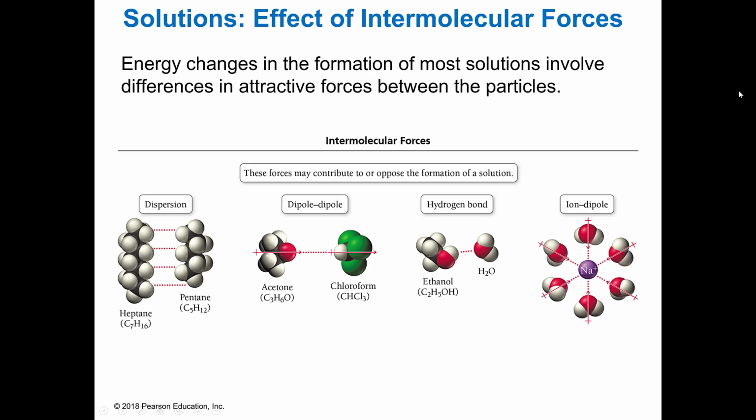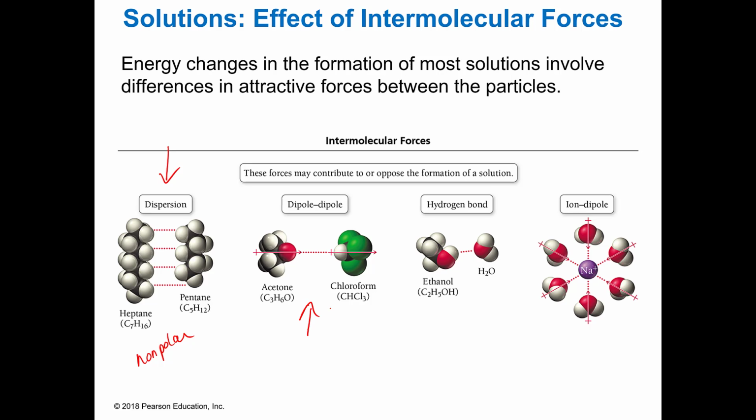So the effect of the intermolecular forces: we've talked about intermolecular forces before. You should recall at this point, especially if you just got done with 11 and 12, that you have dispersion forces between nonpolar molecules, and in nonpolar, that's the only one they have.